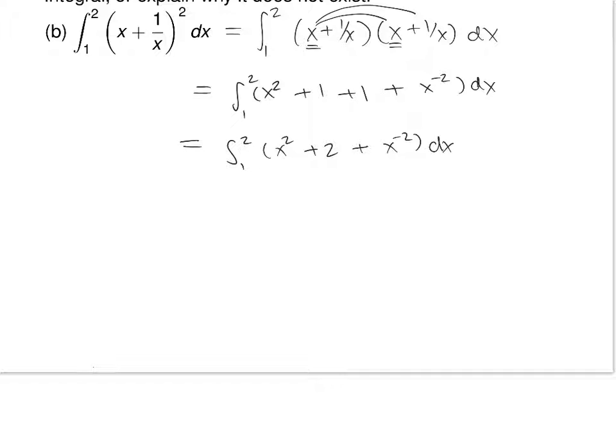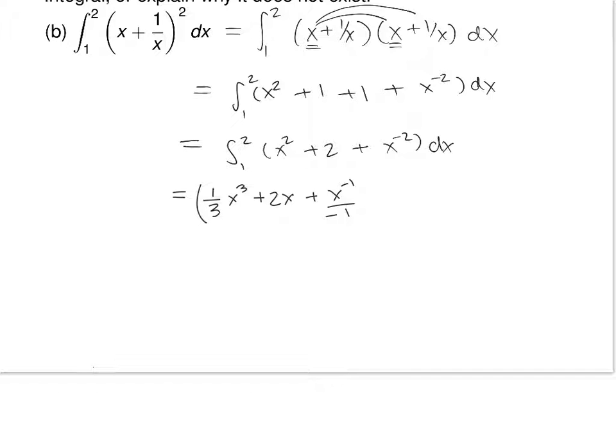All right. So the antiderivative of x squared is 1/3 x cubed, plus 2x. What's the antiderivative of x to the negative 2? X to the negative 1 over negative 1, right?